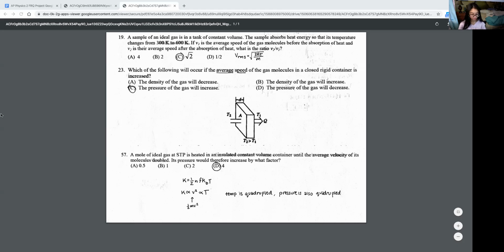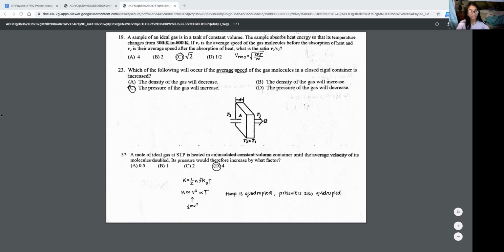If we look at the gas at a molecular level, the molecules are bouncing on the walls of the container and against each other, and they're going to start moving more rapidly and more violently. These collisions are going to cause an increase in pressure, which is C.